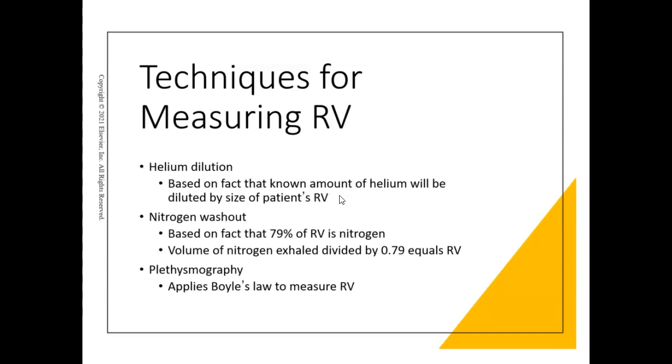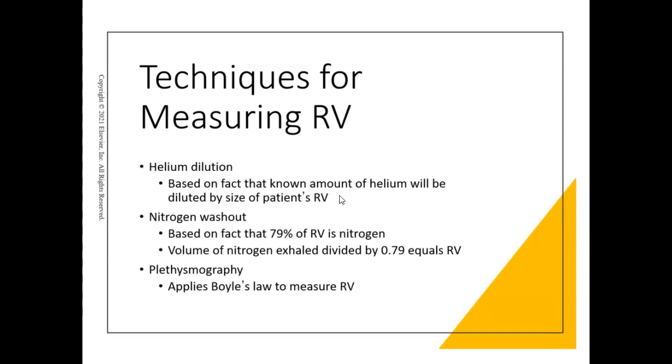There's a nice picture of that in your book of when it's reached an equilibrium. That will allow us to calculate what their RV was, based on how long it took them to equilibrate, typically about 2 to 5 minutes in a normal healthy patient.